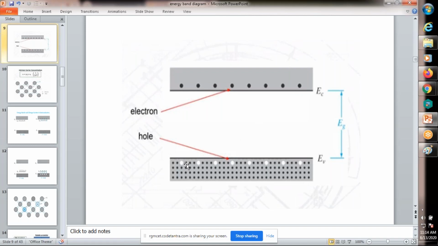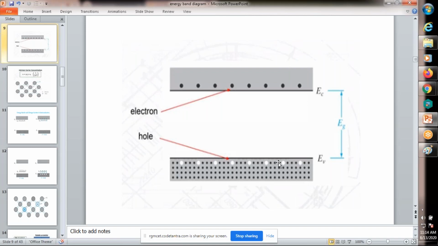Remember this. If temperature increases, then this particular electron acquires sufficient energy and jumps into the conduction band. Like this, a few electrons jump into the conduction band. Now a hole is created here. 1 2 3 4 5 6 7 8 holes are created. There may be some chance another electron fills up this hole, and again one hole is created.